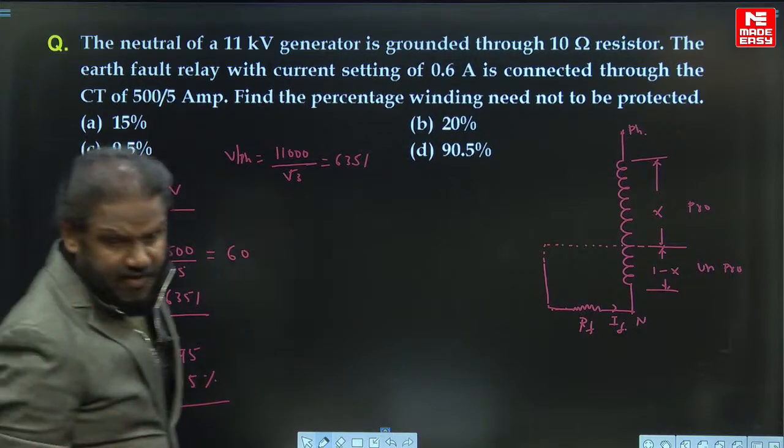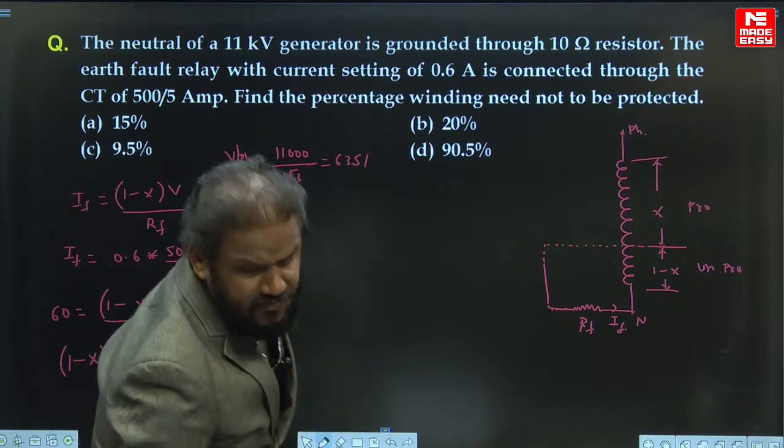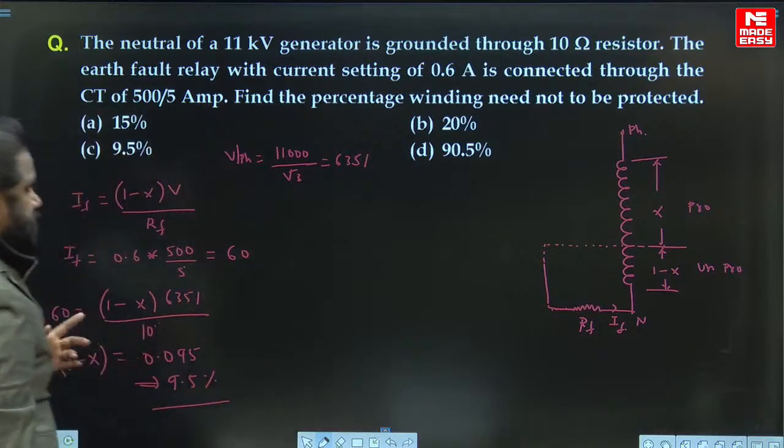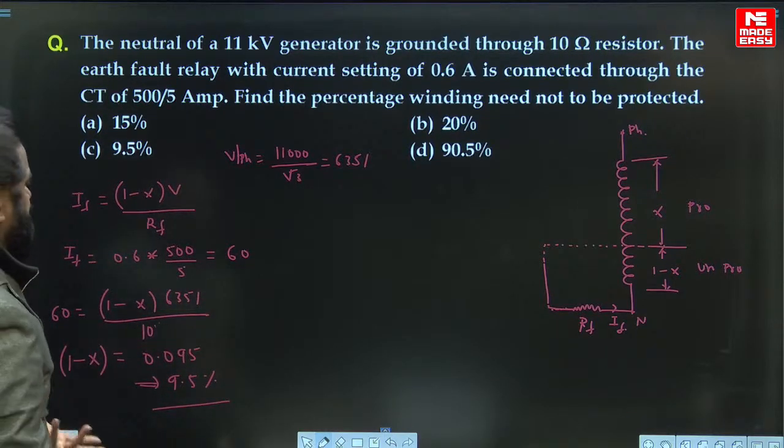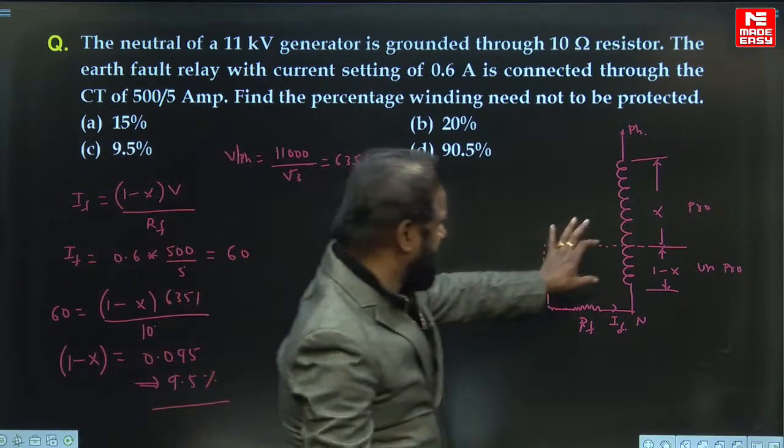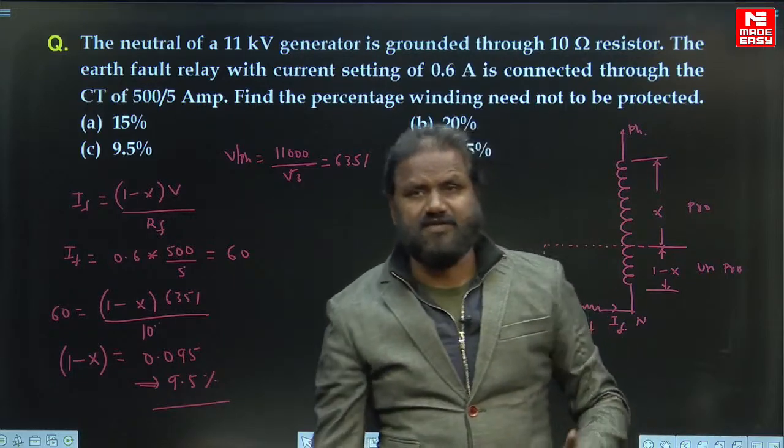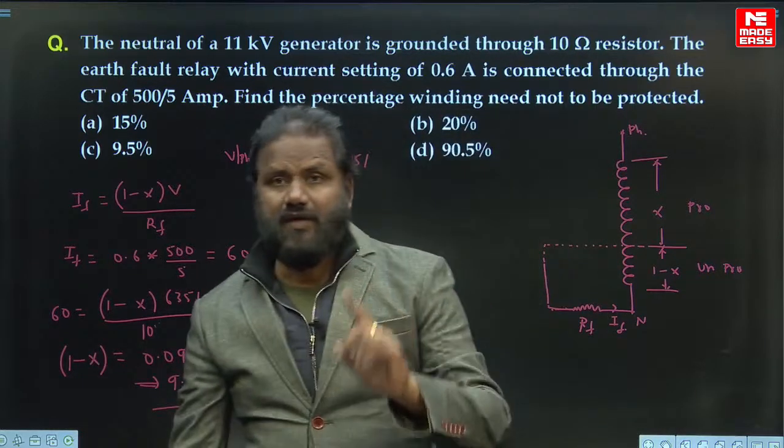Okay, this is a very standard question. In many examinations it has appeared, this portion at the lower end. For every question I am not limiting myself to the question, I am giving the concept also.